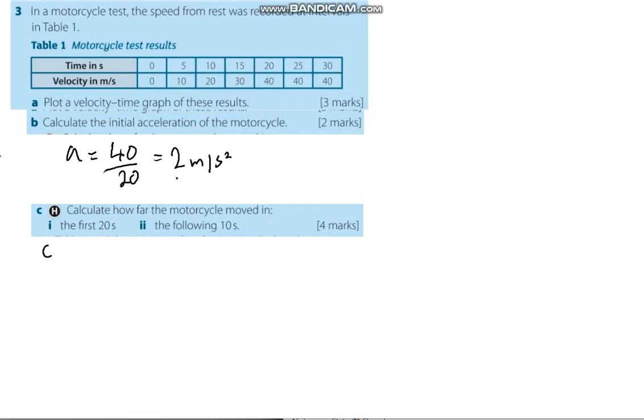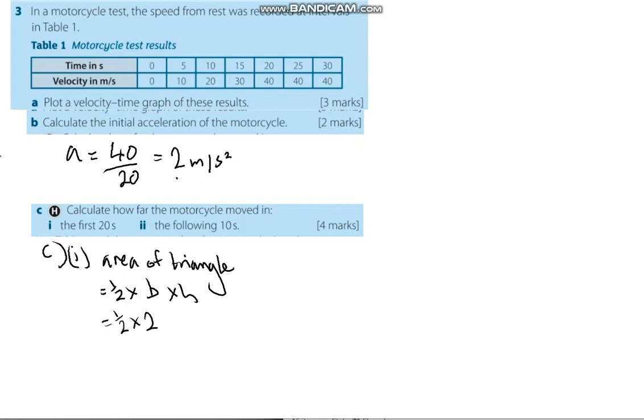So C part 1, for the first 20 seconds, the area of our triangle is equal to half times the base times the height, which equals half times 20 times 40, which gives us 400 meters.